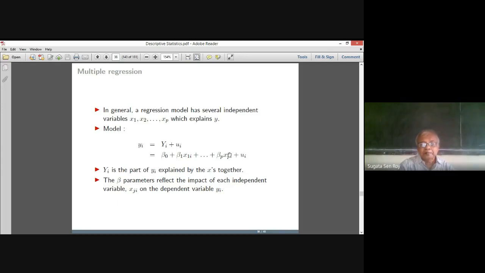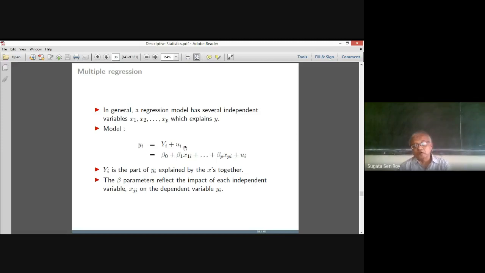Okay, this first part, this capital Y part, as before, is the part which is explained by all the variables together. And whatever remains unexplained is the error part. It might be that there are certain variables you do not look at. Okay, maybe you do not look at the number of hours the person sleeps.